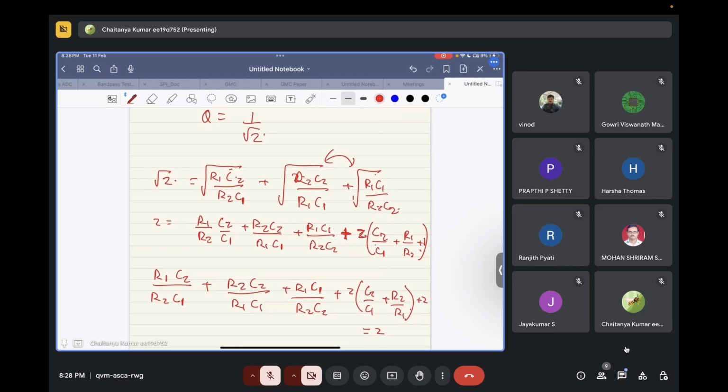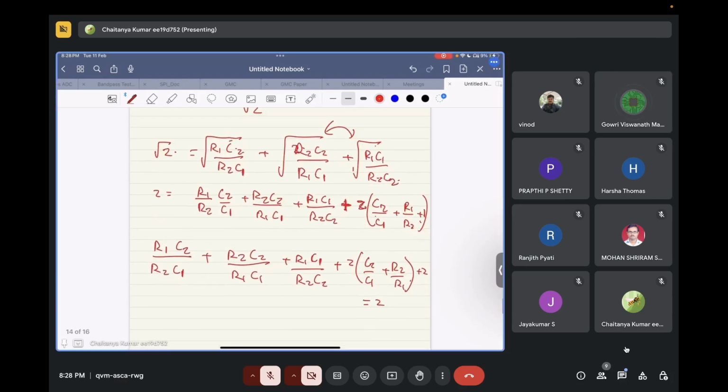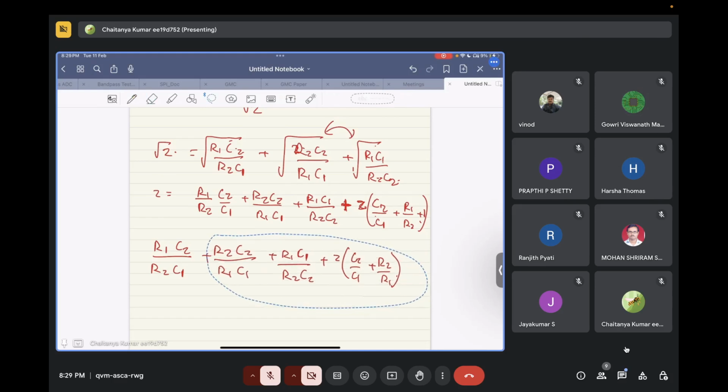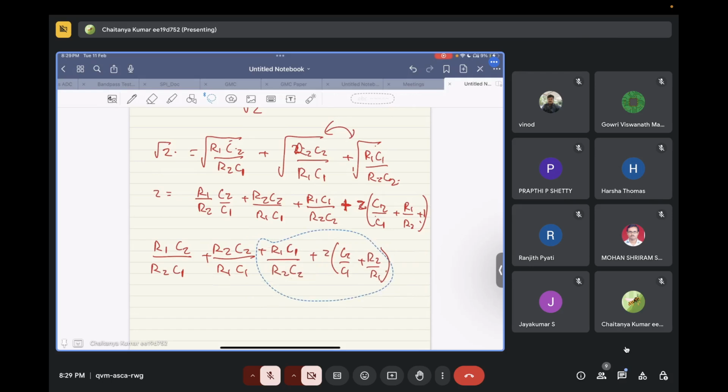Clear till this point? Yes. Okay, so basically 2 and 2 can be cancelled. So this term is equal to 0, right?